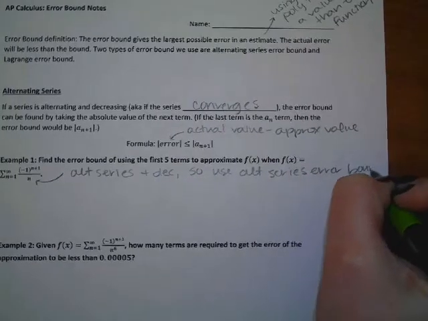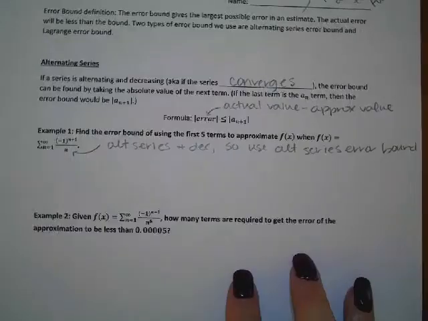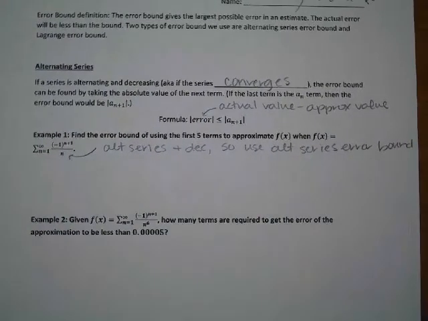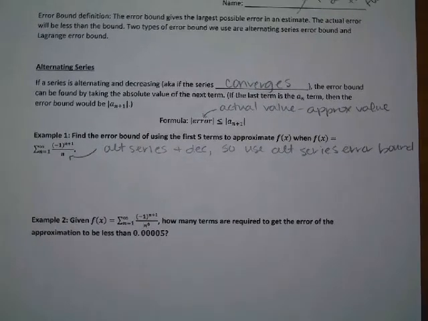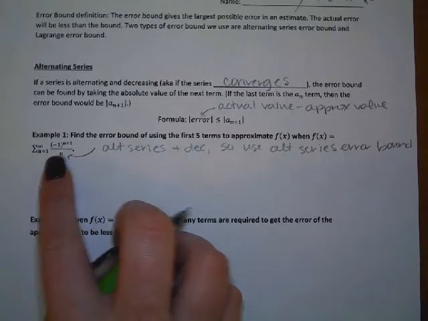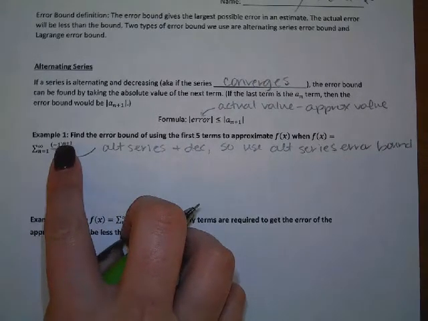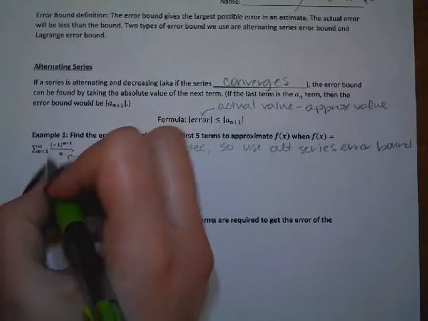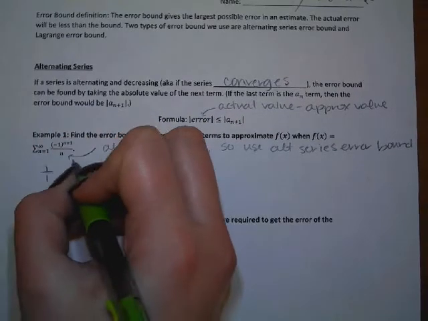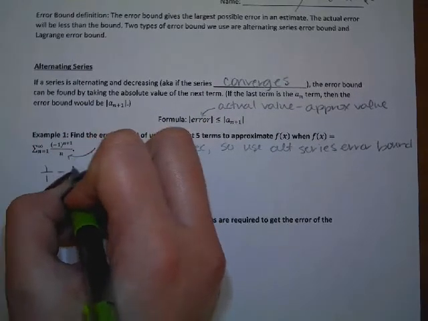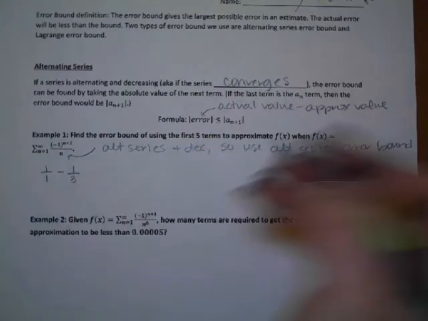And you need to get in the habit of writing that. Anytime they don't tell you specifically that that's the error bound you're doing, you need to specifically say that's what you saw and that's why you were allowed to use it. So my first term, I would plug in 1. Negative 1 to the 2 divided by 1 would be 1 over 1. Negative 1 to the 3 over 3.